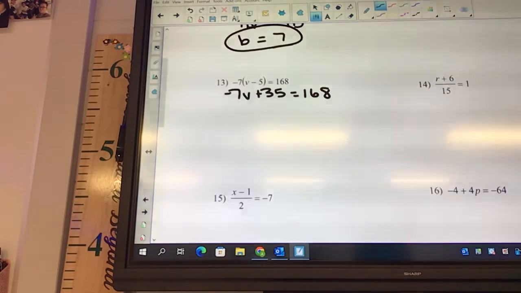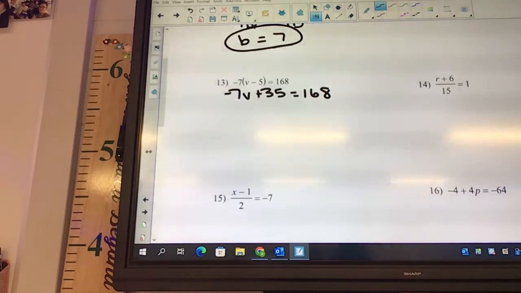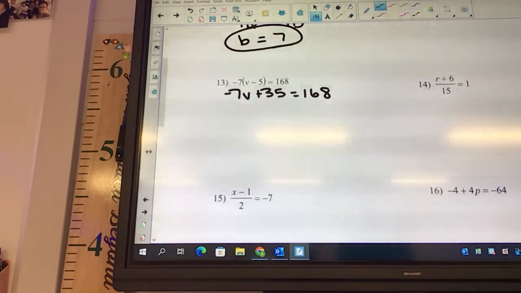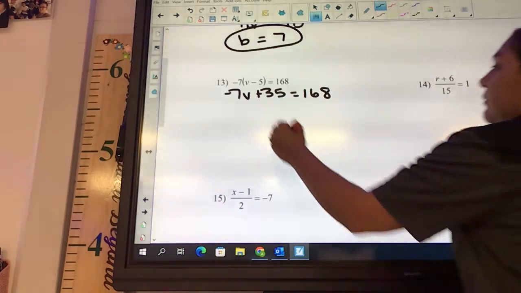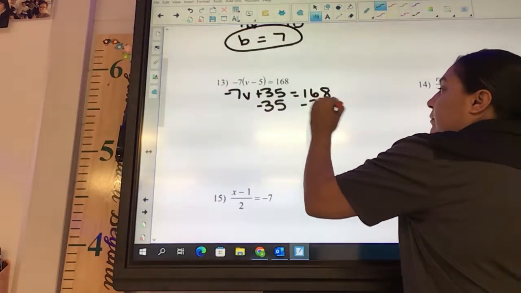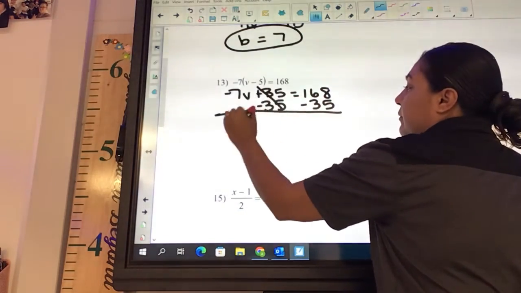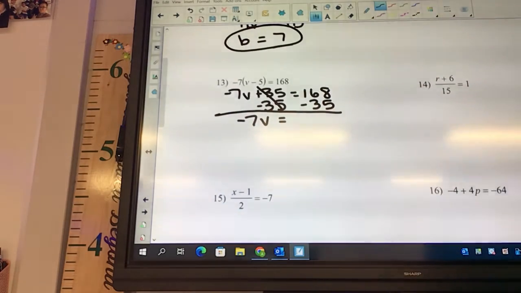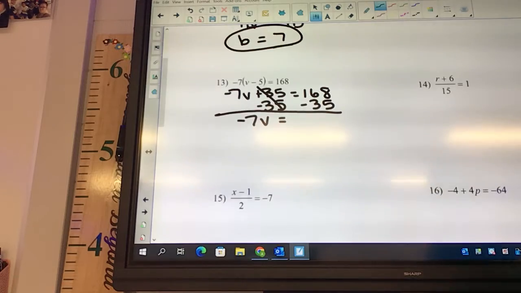Negative 7v plus 35, what needs moved first? 35. The 35, how do I move it? Subtract it. Yep, we're going to subtract it from both sides. 168 minus 35. 133.